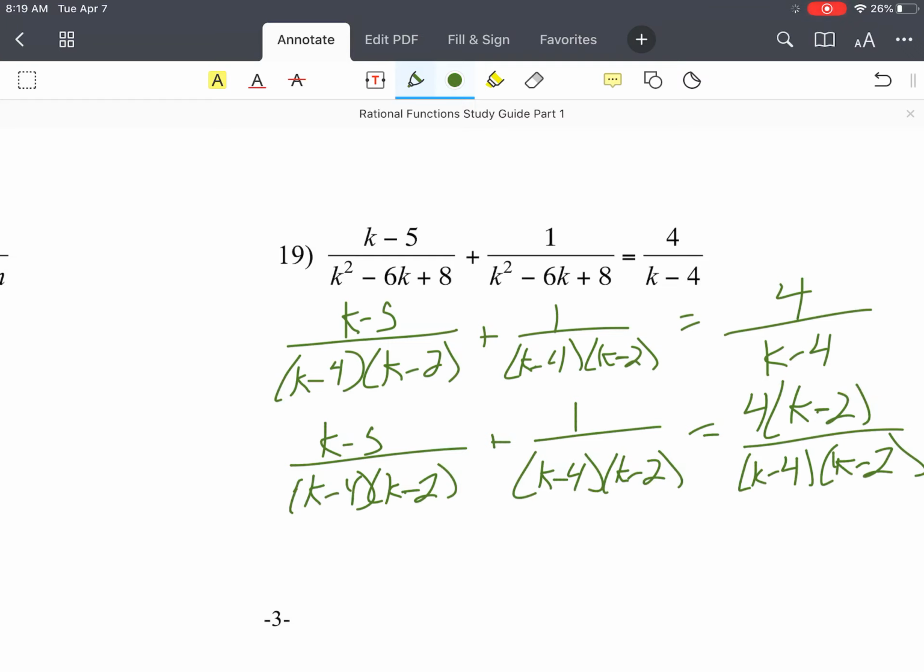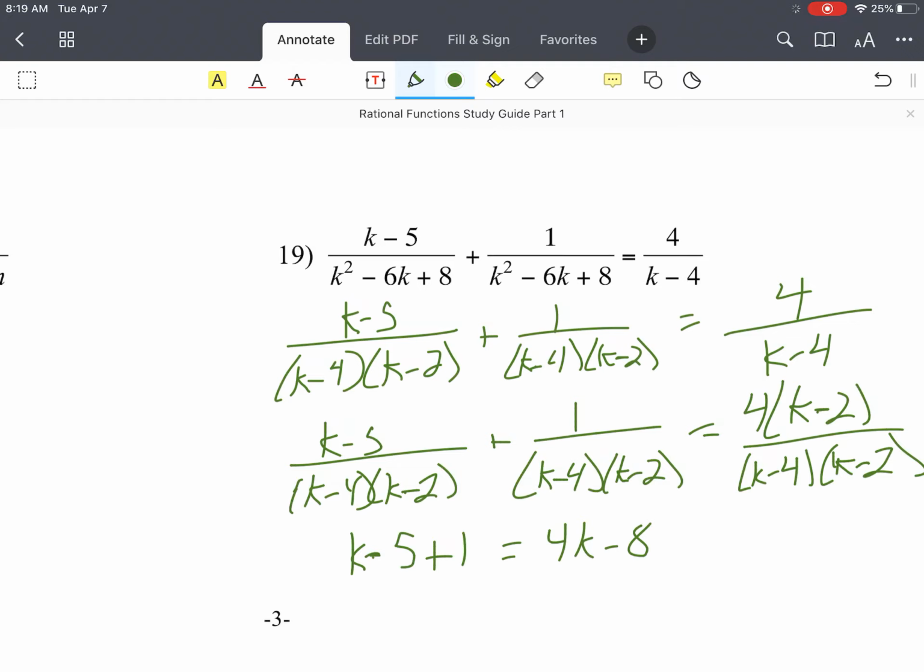All right. So once you have common denominators throughout the entire problem, you get to cancel out those denominators. Okay. So if we forget about them, we get k minus 5 plus 1 equals 4k minus 8.